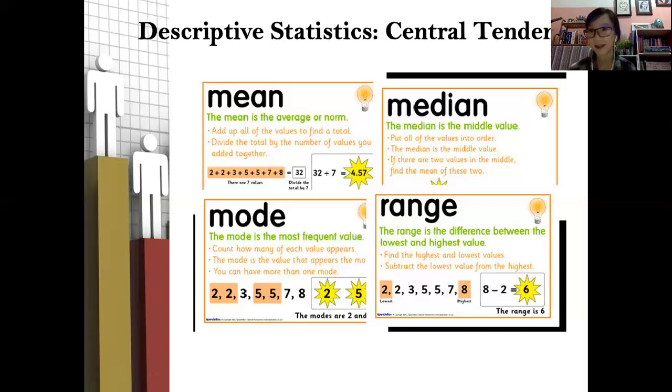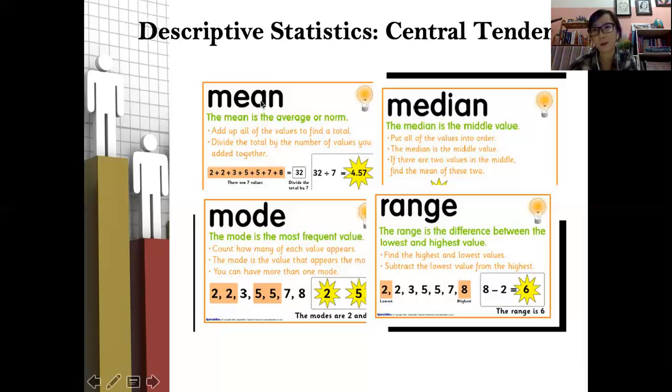Some statistical experts put range together with mean, median, and mode, so in the central tendency, but some other experts put range together with the next types of descriptive statistics, namely variance and standard deviation, which are under measures of spread or measures of dispersion. So let's talk about this very briefly.